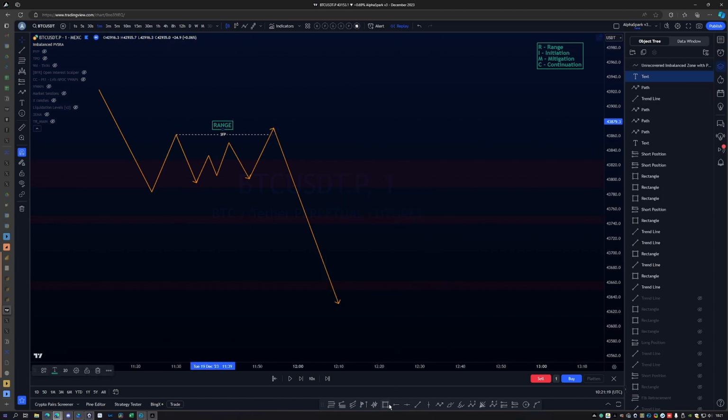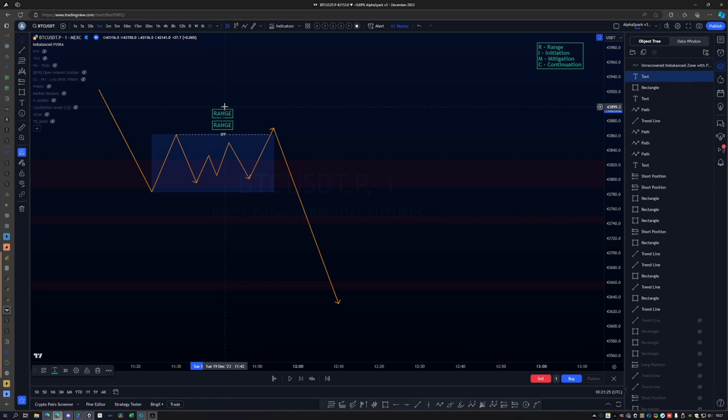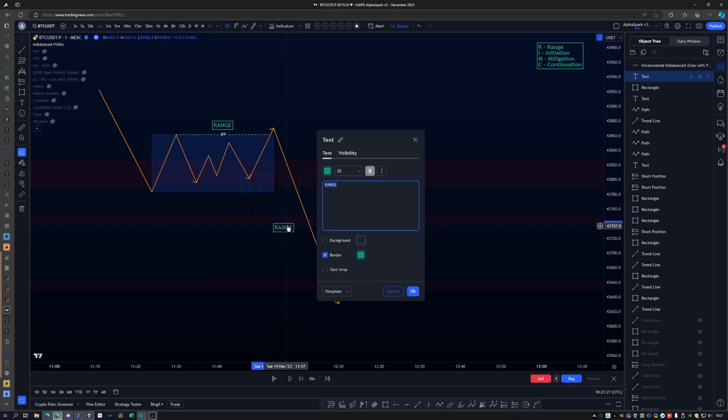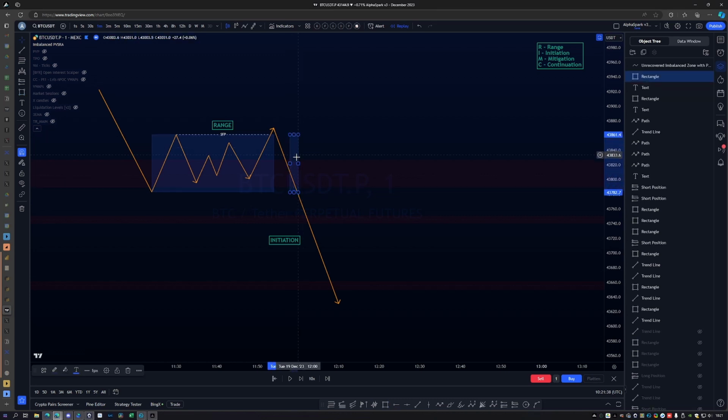This area is your range, which means this section, like so. This is your initiation. So now what you're expecting is to go back into this section for a mitigation.